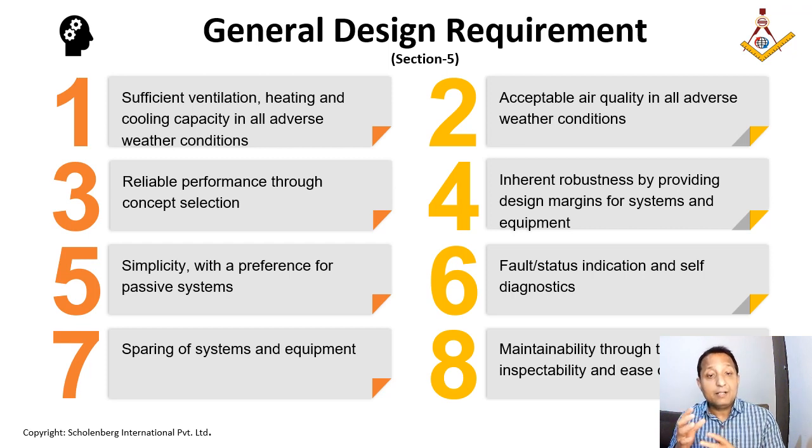Fifth is simplicity with preference for passive systems. Sixth is fault status indication and self-diagnostics. Seventh is pairing of systems and equipment. Eighth is maintainability, inspectability and ease of operation. So these are the 8 very important aspects we need to consider. When we start designing any system, we first need to read all these 8 requirements. Then we need to visualize which system fits best to serve these requirements.